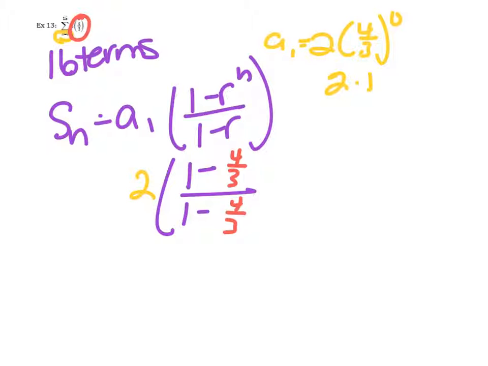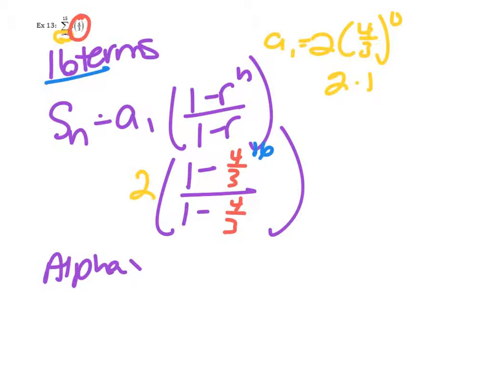And again, this time I have 16 terms, so I'm raising this to the 16th power. That's the only thing you have to be careful of. Especially on this one, I would use your alpha y equals to use fractions within fractions. And when you do that, you're going to get 592.65.